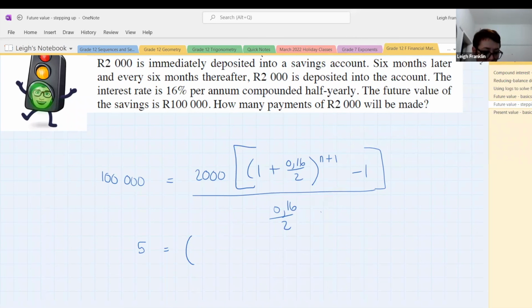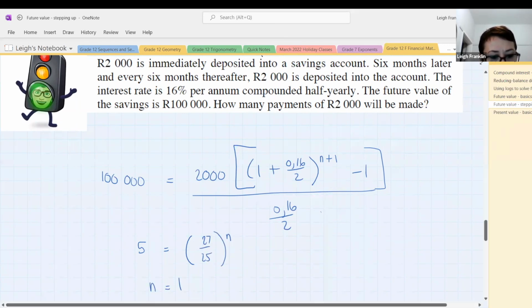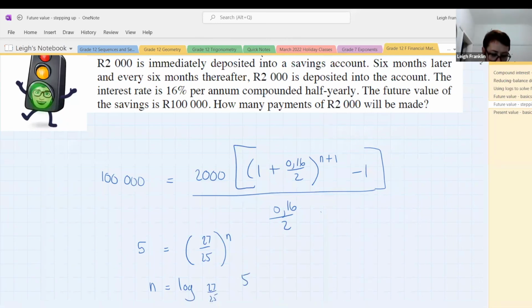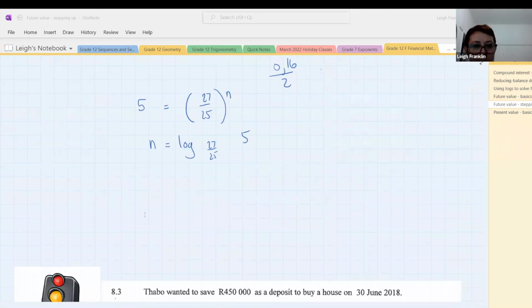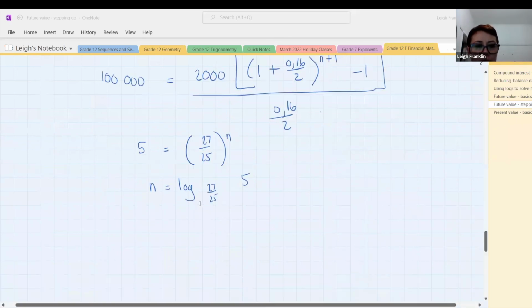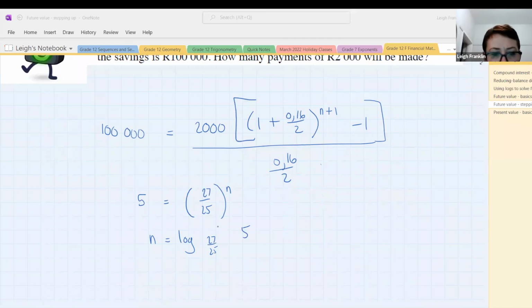Now plus, that's better. So here I get a base of 27 over 25, and n equals log base number. Oh, sorry, and it's not n, sorry, it's n plus 1.